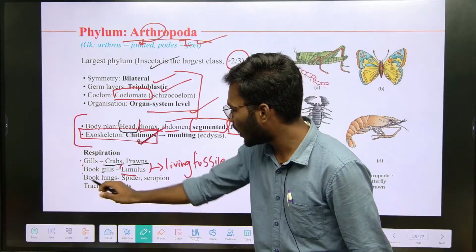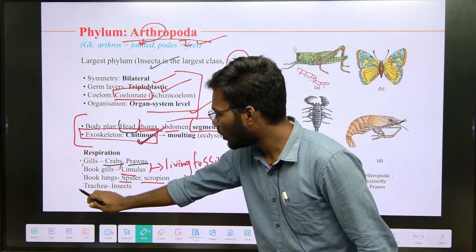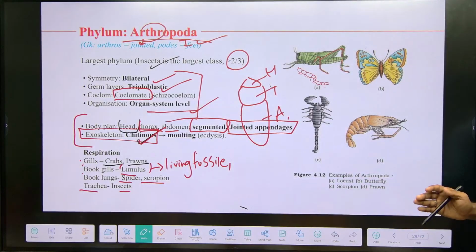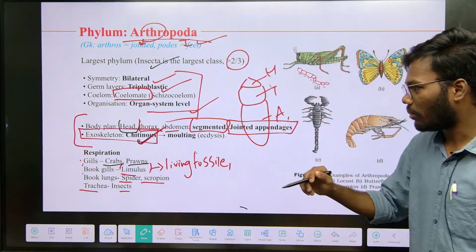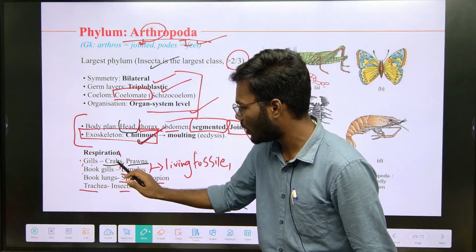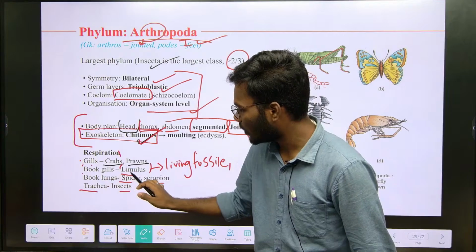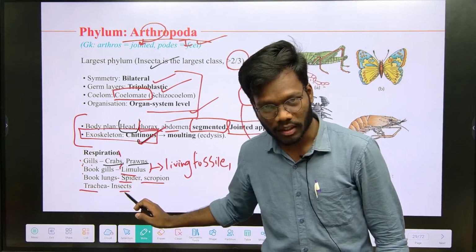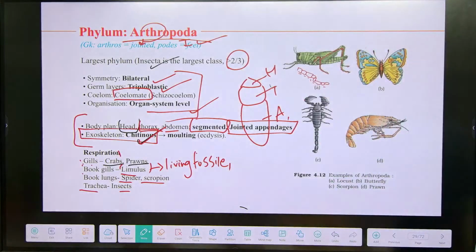Remember, book lungs in spider and scorpion, trachea in insects. These are the 4 different types of respiratory structures present in Arthropoda. Gills in crabs and prawns, book gills in Limulus, book lungs in spider and scorpion, trachea in insects. You have to remember that.